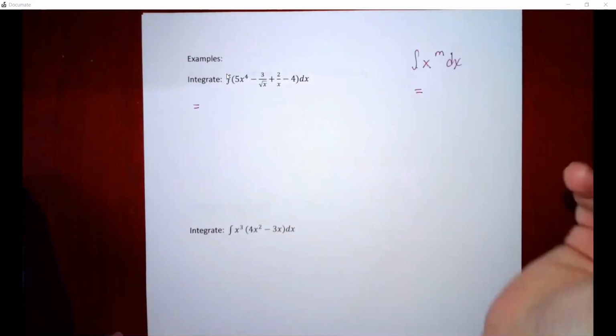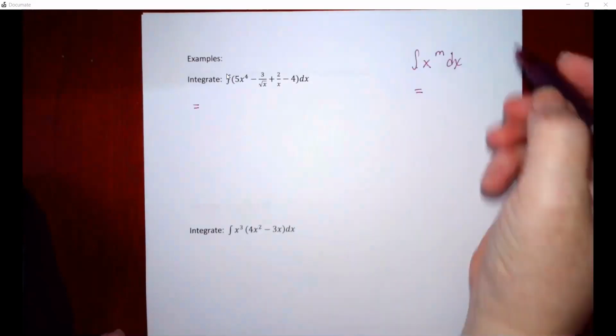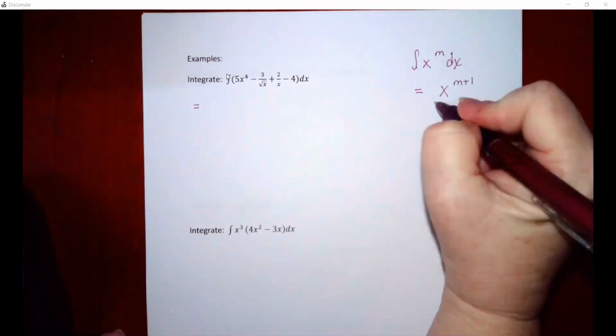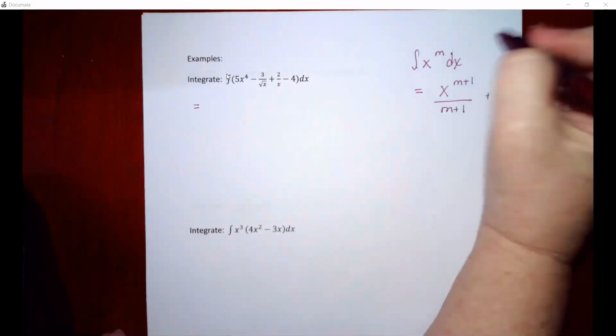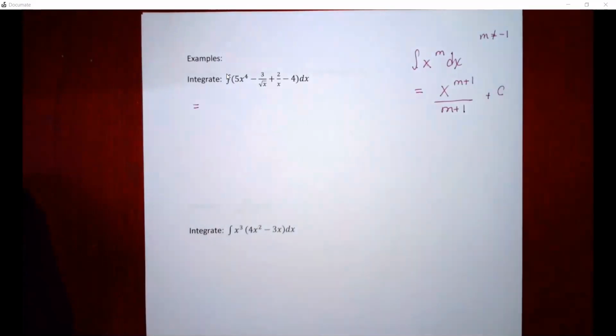And so for the inverse process, we do opposite things in opposite order. So we would add 1 to the exponent and divide by the new exponent. Now that's, of course, as long as the exponent is not -1. We'll talk about what happens when we have a -1 exponent in just a little bit.